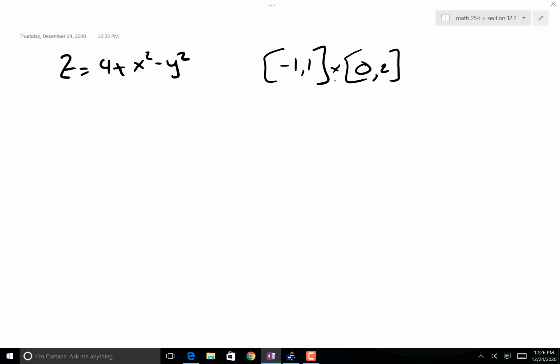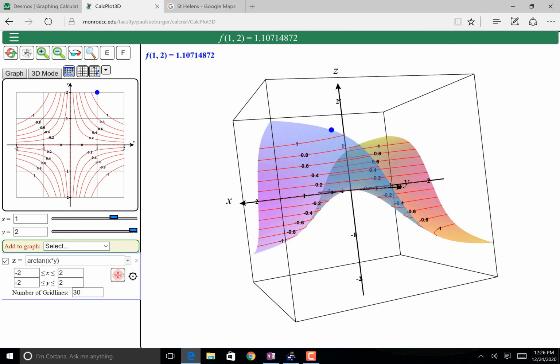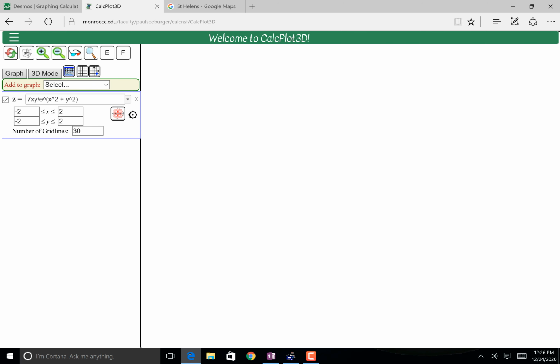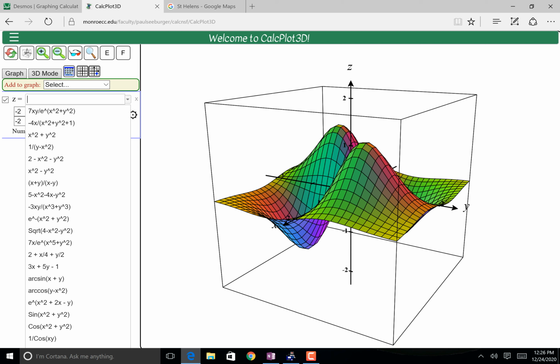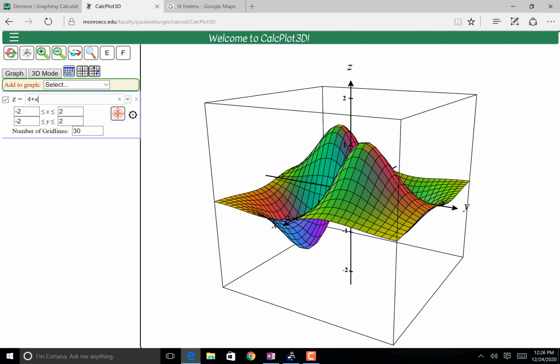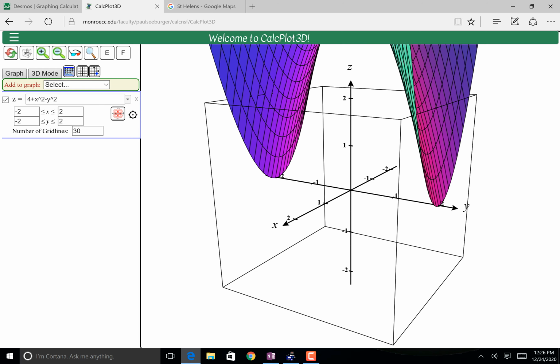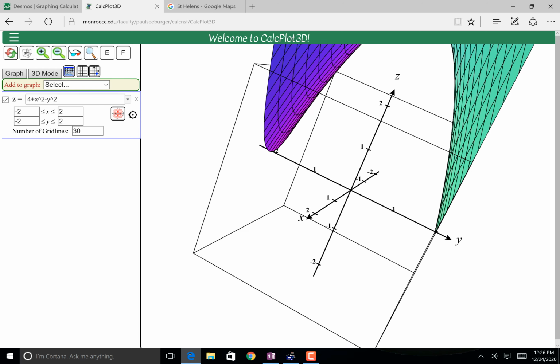Now, could you show us what that picture looks like? Probably. Let's go take a peek. So again, in the old 3D calc plotter. Reset. What the heck is this?